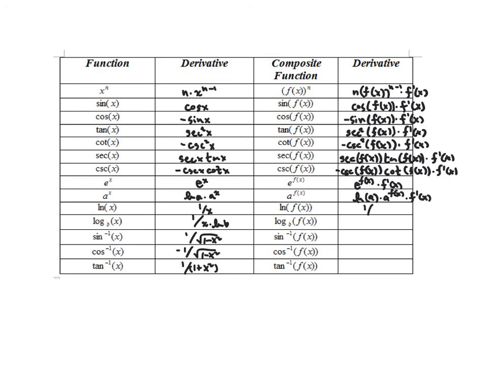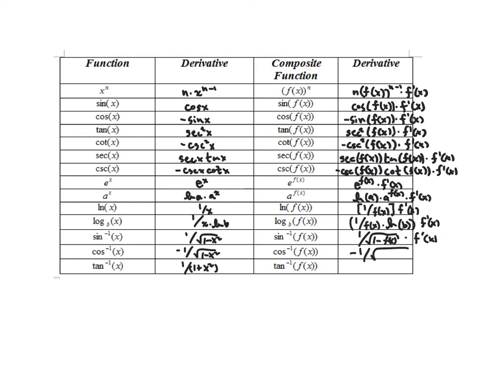This would be 1 over f of x times f prime at x. Notice the parentheses. This would be 1 over f of x times ln of b times f prime at x. This would be 1 over the square root of 1 minus f of x squared times f prime at x.